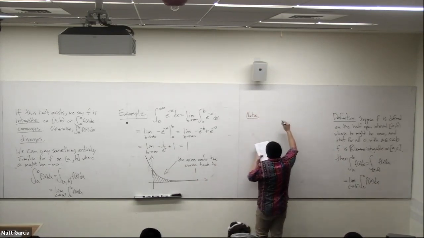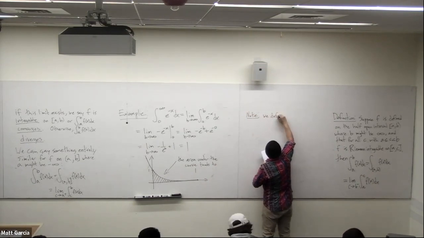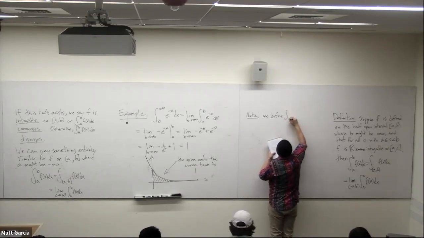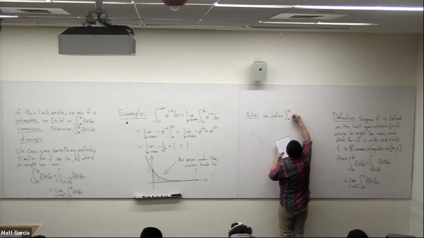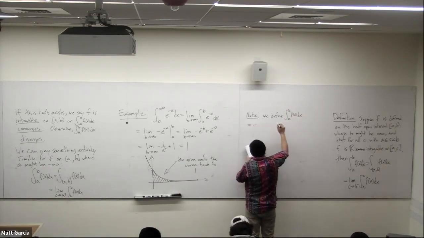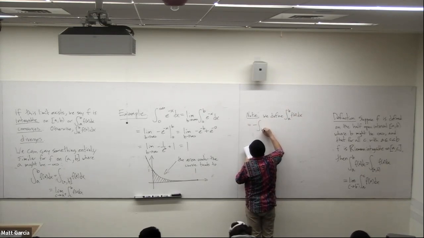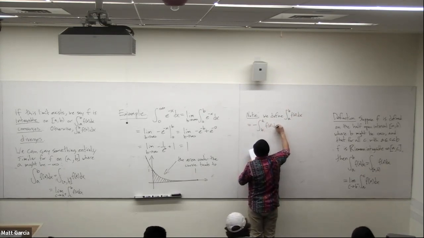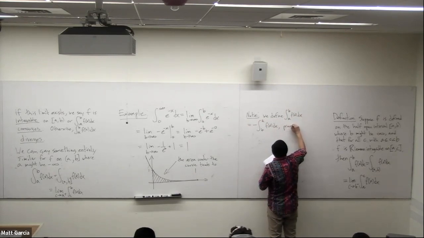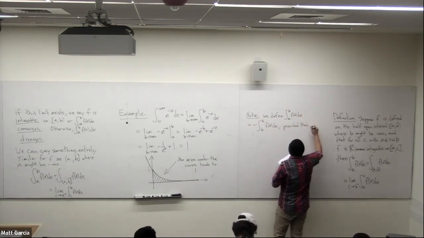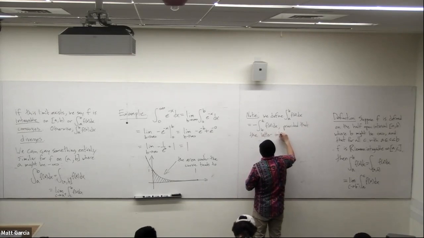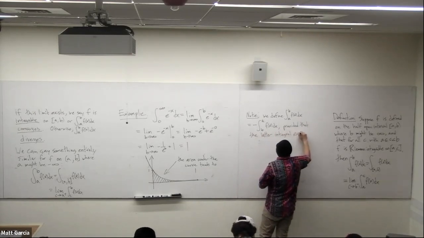We define the integral from A to B of f of x dx to be equal to the integral from B to A of f of x dx, provided that the latter integral exists.